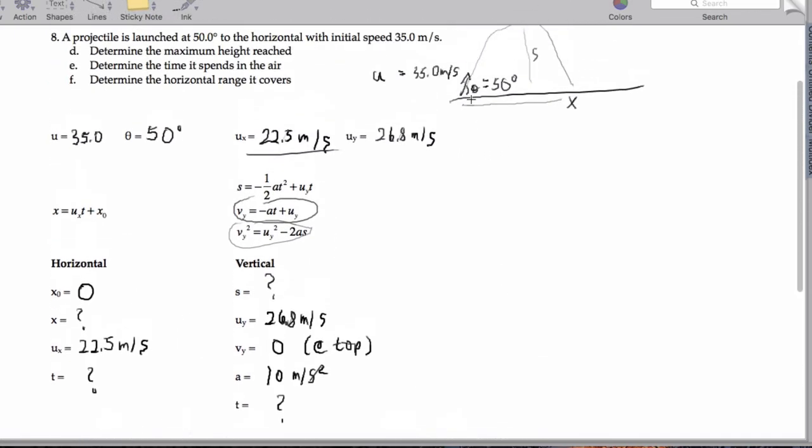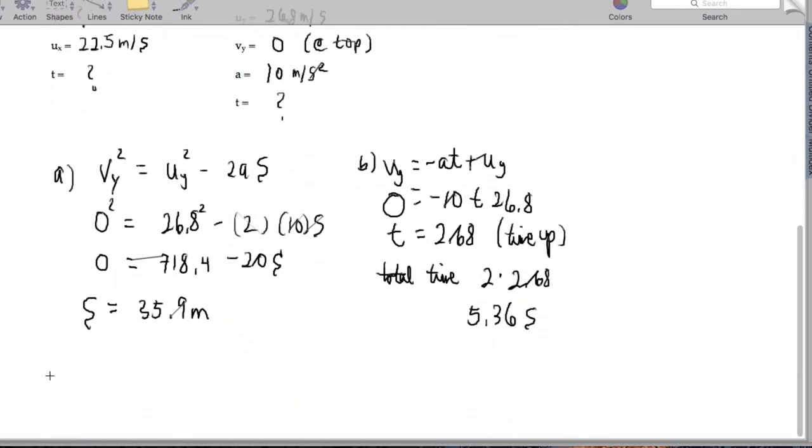Finally, for part C, we want the horizontal range it covers. So we're going to use x equals uxt plus x naught. So that means the horizontal range is going to be 22.5. Where am I getting that speed from? Right here.